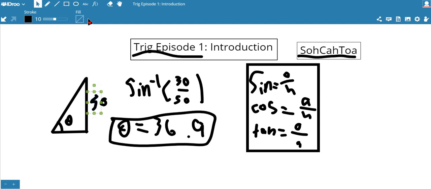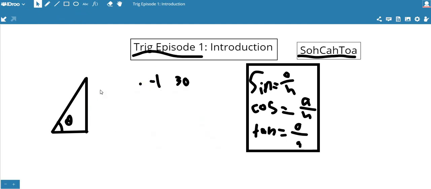So now, I feel like we're going a little backwards, because people usually teach sine, cosine, and tangent, like the basics of it, first. But I want to teach you the inverse first. So let's do the basics now, like the actual basics.